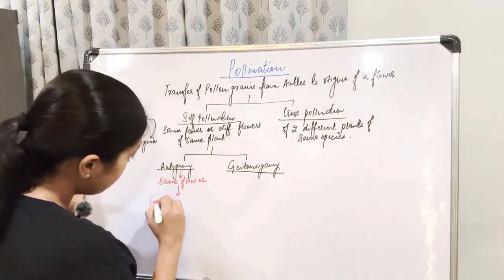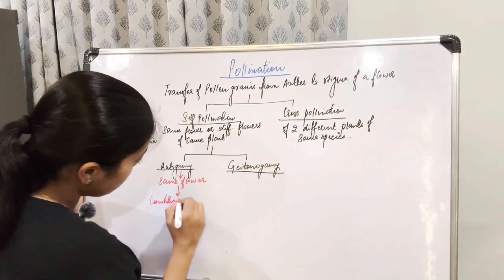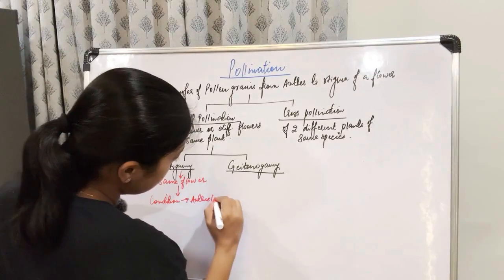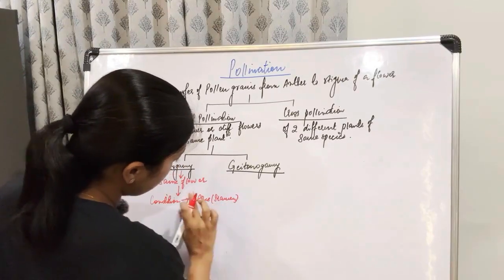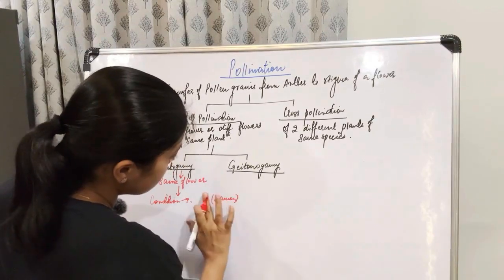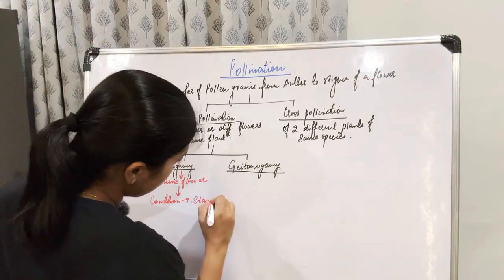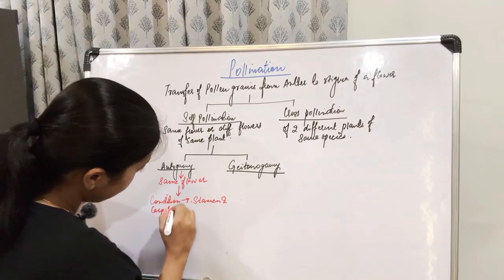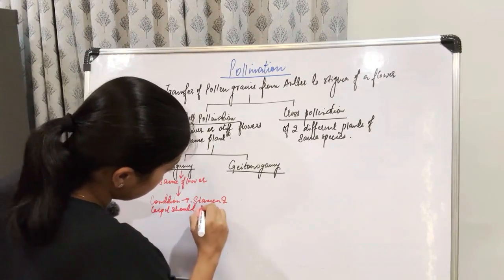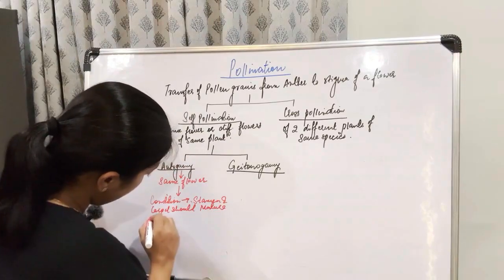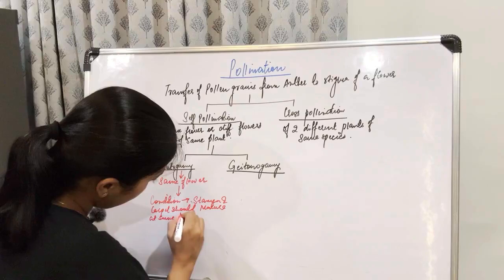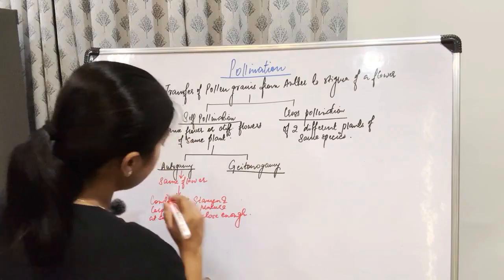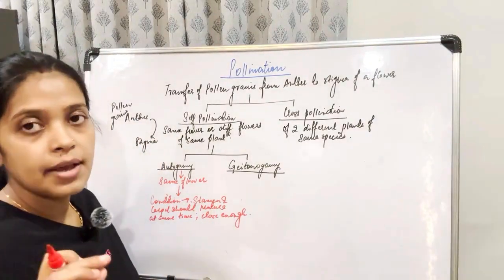So the condition is that the anther, means the stamen, and carpel should mature at the same time and they should be close enough for the pollination to take place.